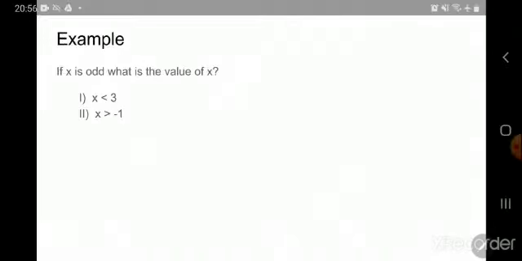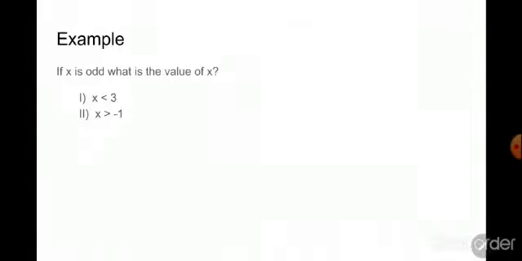Now let's take an example here and see this in action. The question asks, if x is odd, what is the value of x? Statement 1 says x is less than 3. What a lot of students will do is consider all the numbers less than 3: 0, 1, 2.